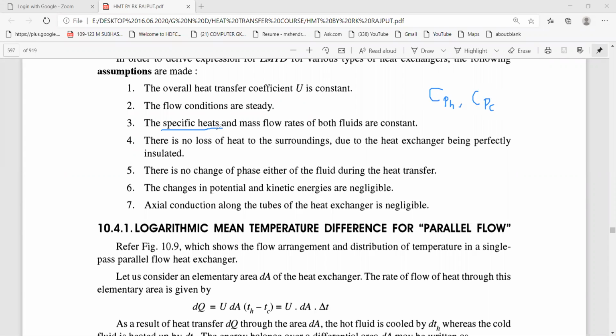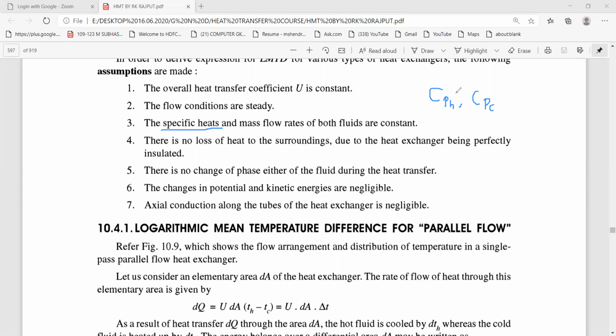The specific heats of both hot fluid and cold fluid are constant because there is no phase transformation in the parallel flow and counter flow. There is just the temperature difference, the heating or cooling of the fluids. There is no phase transformation from liquid to vapor or vapor to liquid, etc.